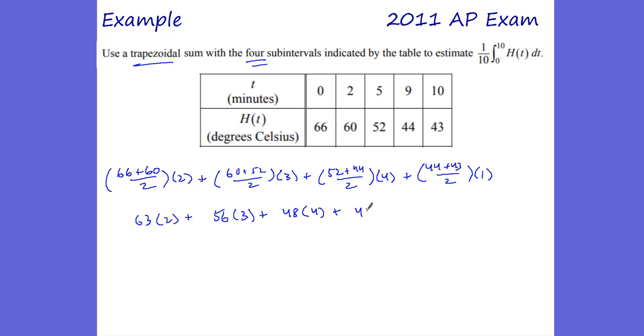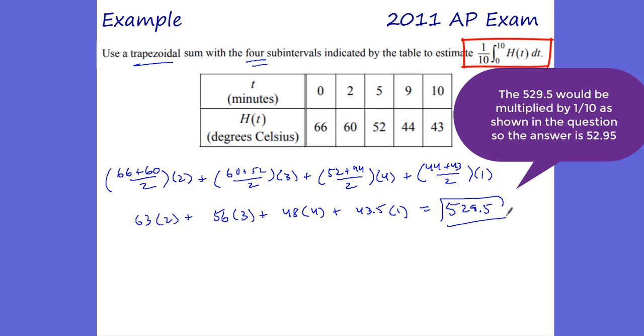That's 43.5. Oh, sorry, I did that a little bit wrong. Let me add that up to 43.5 times 1. Now I'm going to add up all of these: 63 times 2 plus 56 times 3 plus 48 times 4 plus 43.5 times 1. And we get 529.5. And that is the area using 4 subintervals, using a trapezoidal Riemann sum.